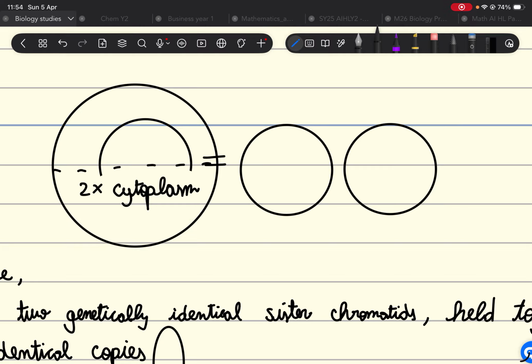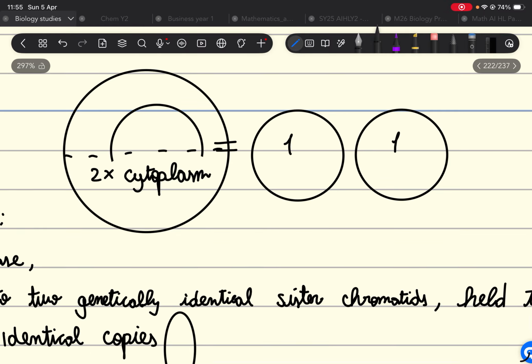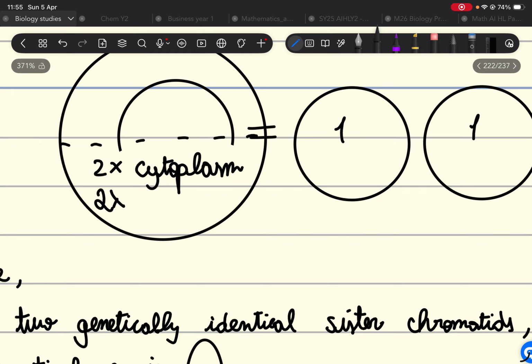So we need to make 2 times the cytoplasm, one amount of cytoplasm and then another amount of cytoplasm. We need double the mitochondria, all those organelles. We need to make all those organelles.